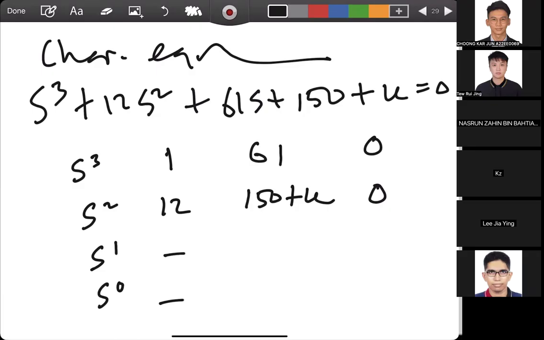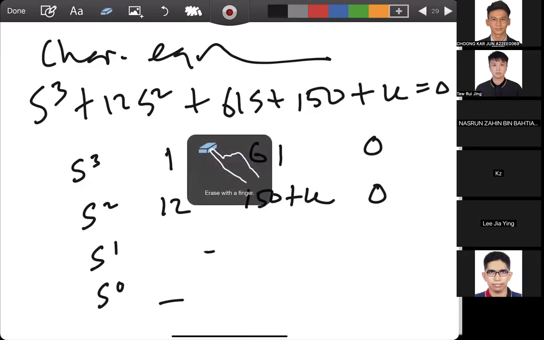So I invite Shu Peiki. Can you help me on this part? Yes, doctor. K minus 582 over 12. Sorry.